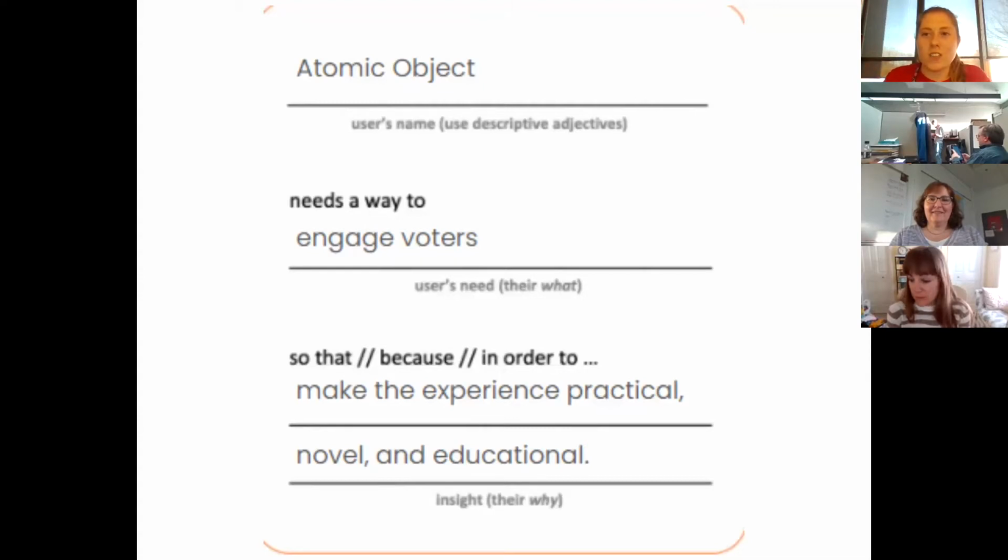So our question to solve and our goal was for Atomic Object to find a way to engage voters in order to make the experience of ArtPrize more practical, novel, and educational.